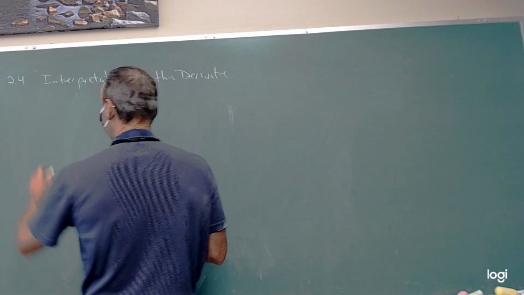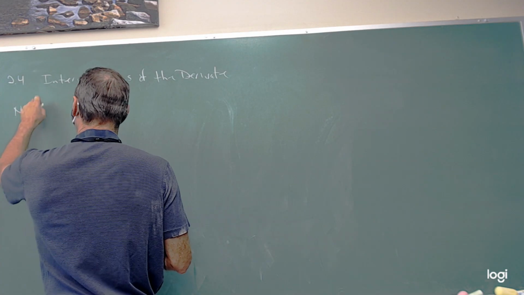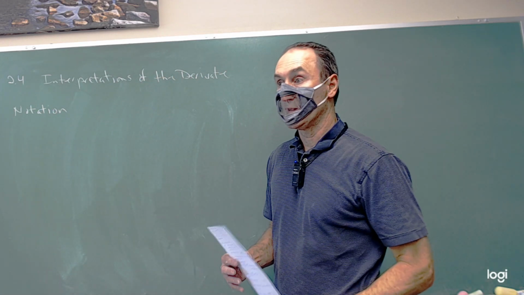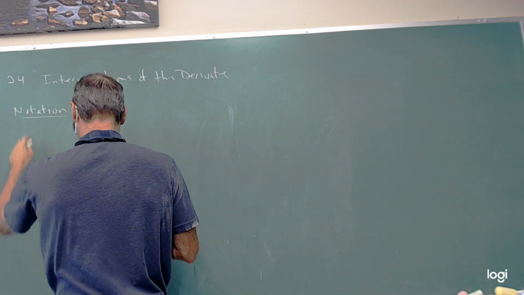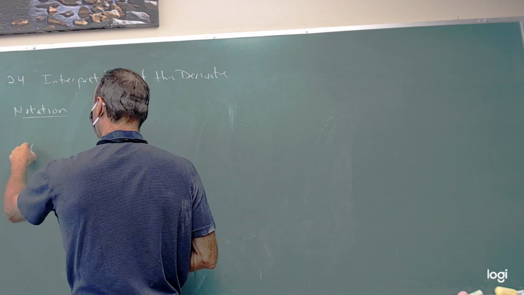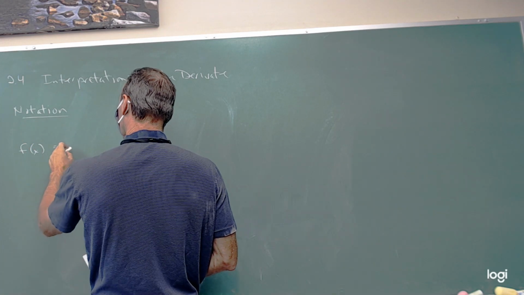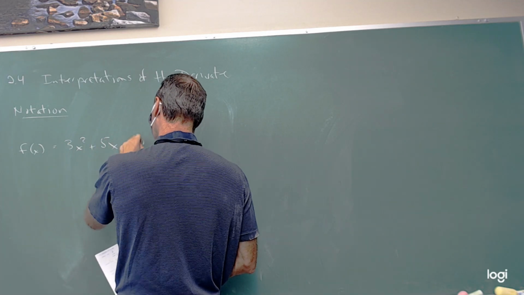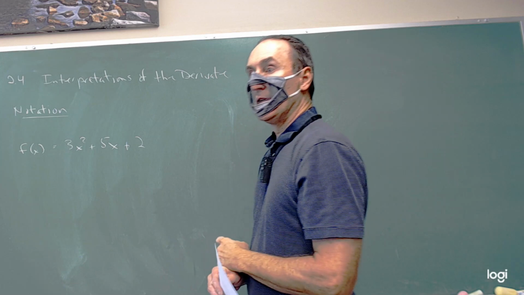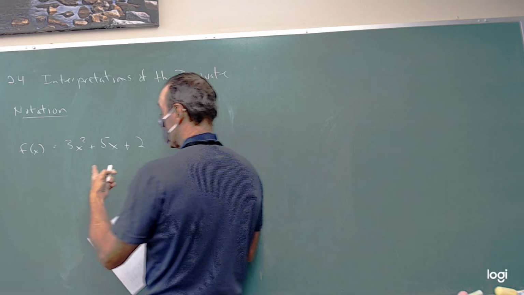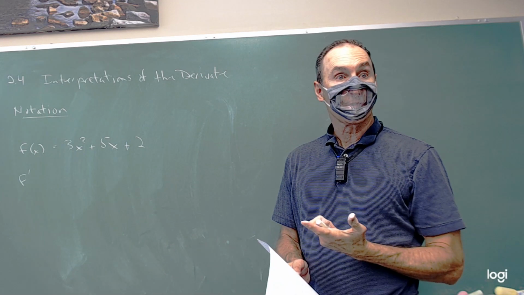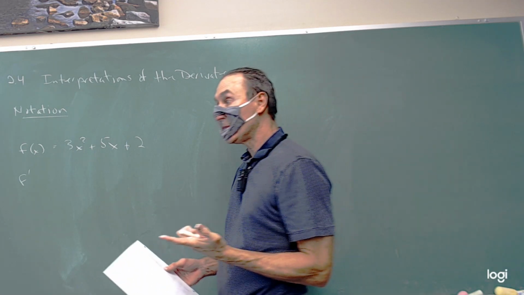So first, some notation. There are a lot of different ways of representing a derivative. One is, we could say f of x is equal to, say, 3x squared plus 5x plus 2. And then for its derivative, we use what is oftentimes referred to as either functional notation or prime notation.